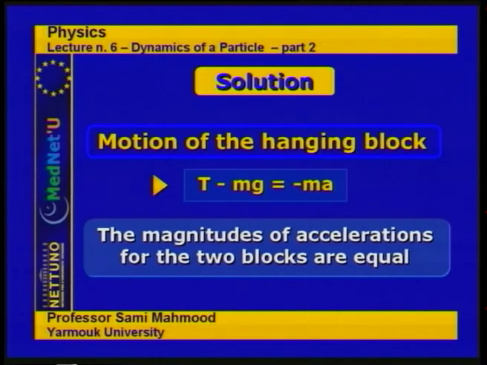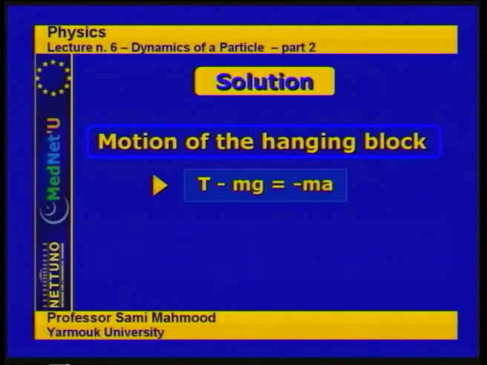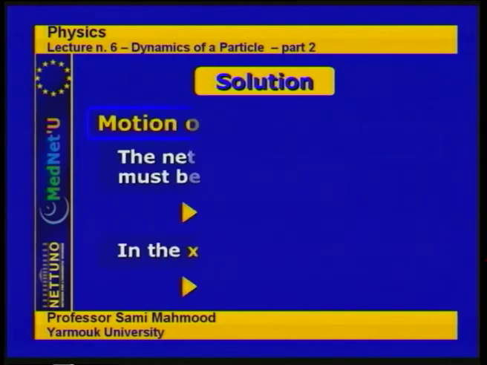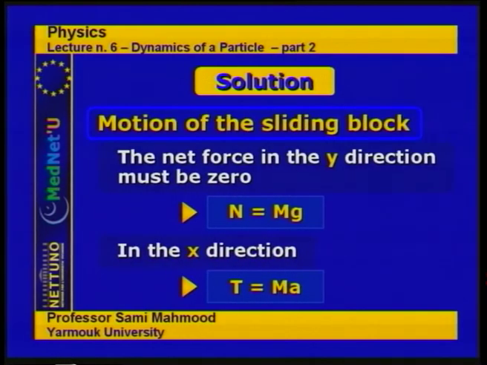For example, from here we find that t is equal to mg minus ma, and we replace this value of t, which is mg minus ma, small m, in the equation which gives t equal to capital M times a.